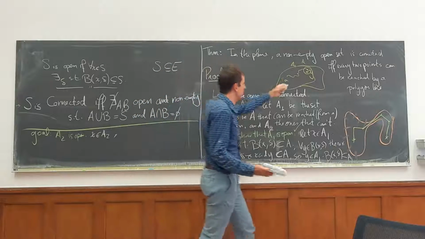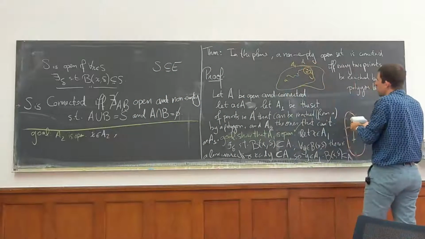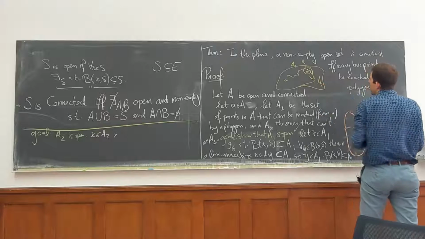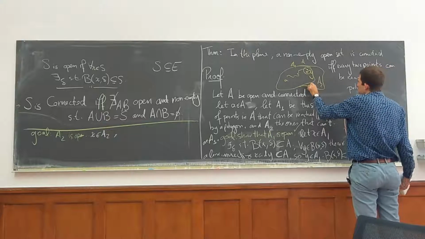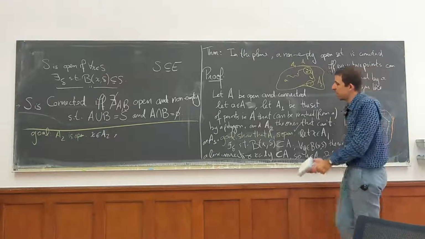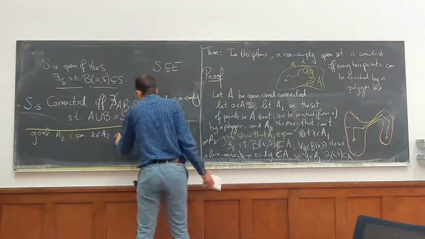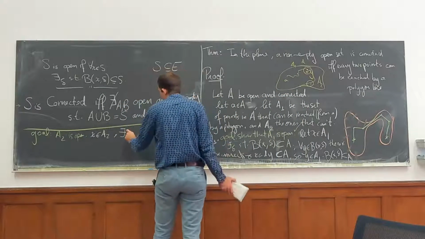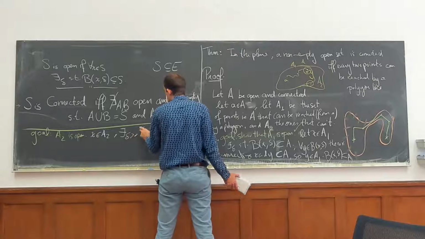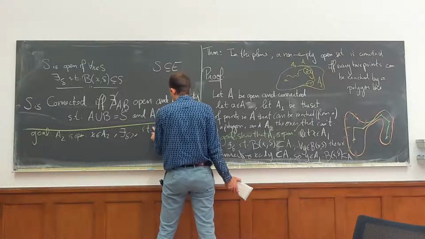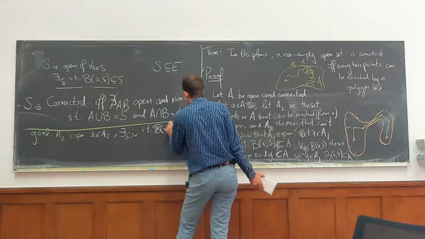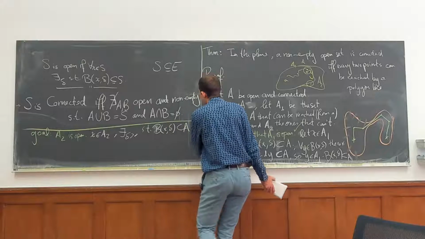Let's say that this was A2, and I have a point here. There is a ball that lies inside of A, because A is open. So there exists delta bigger than 0 such that the ball B(X, delta) is inside of A.